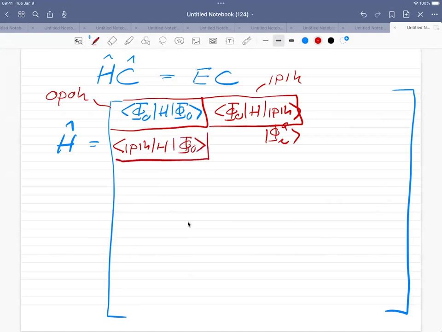So this block of matrix elements, if you have only one state, suppose this state is non-degenerate, there's only one phi 0, then clearly this is a 1-by-1 matrix.